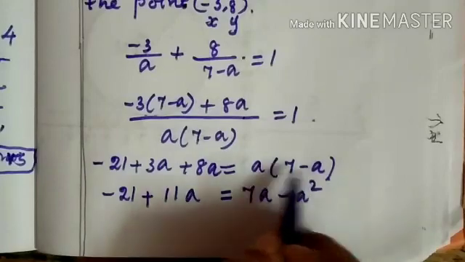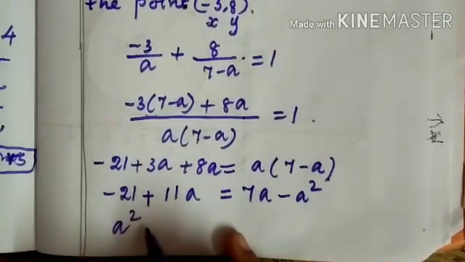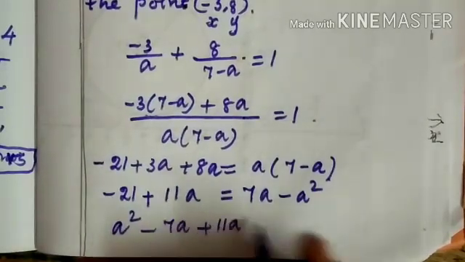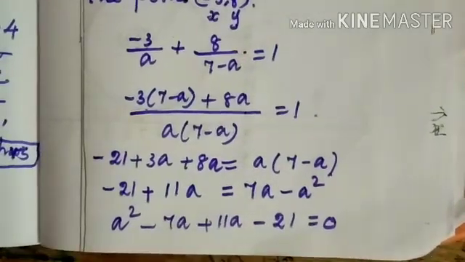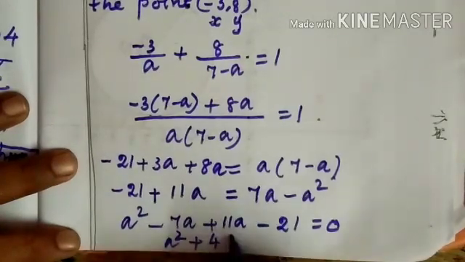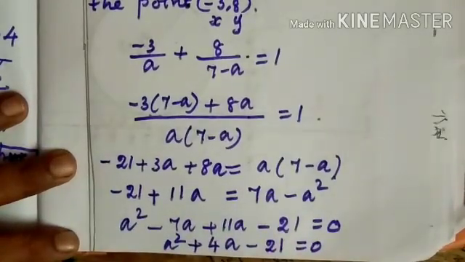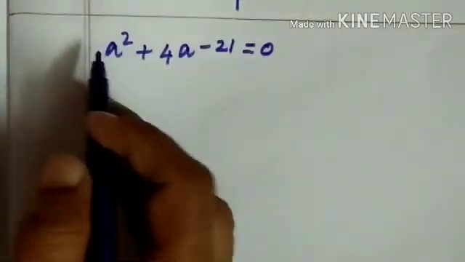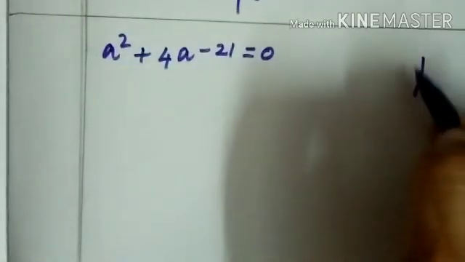You have to transpose this term before the equal, and we get a squared minus 7a plus 11a minus 21 is equal to 0. Now like terms: we have a squared plus 4a minus 21 is equal to 0. Now we get one quadratic equation. You have to factorize this and find the a value.